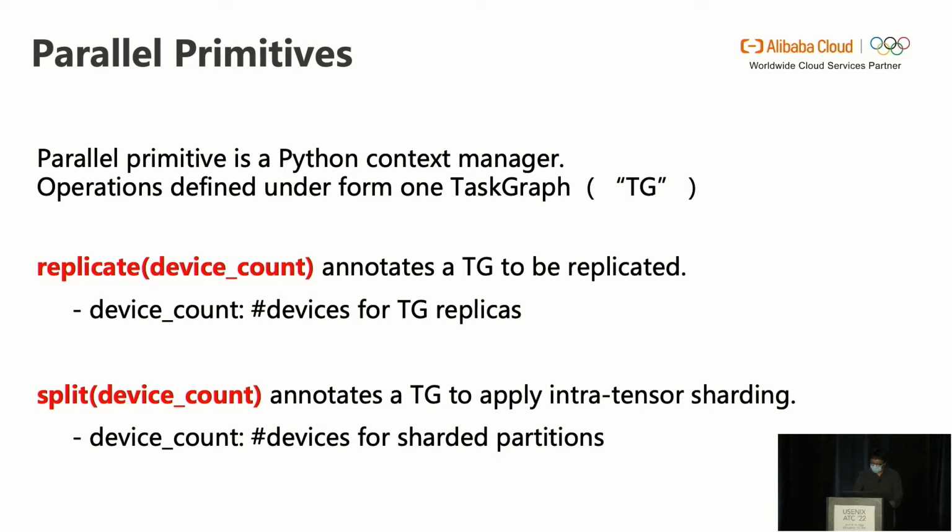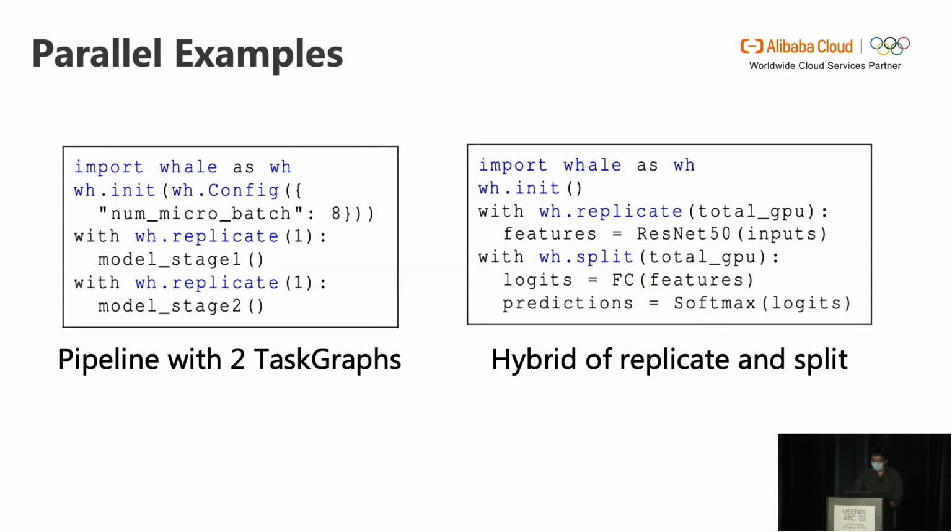To implement this, the auto-parallel mechanism is encoded to simplify the user experience. The first example shows a pipeline parallelism with two task graphs, where each task graph is configured with one device. The pipeline parallelism is enhanced by configuring micro batches.